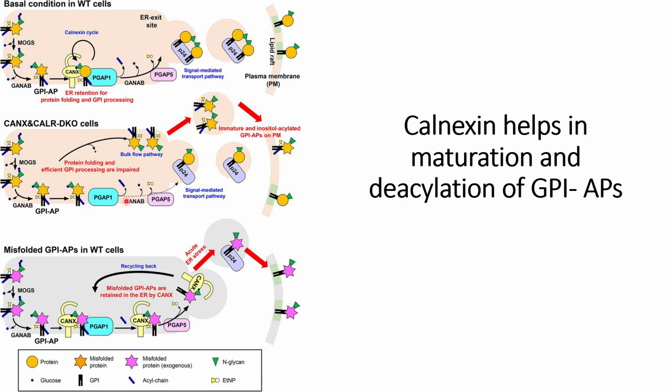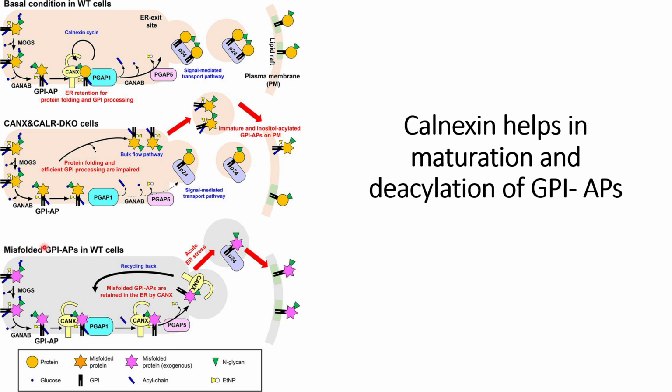Because of the absence of the Calnexin calreticulin cycle, the retention time within the cells gets reduced, and the bulk of these misfolded GPI-APs will be expressed on the plasma membrane, either directly or through the P24 cargo.